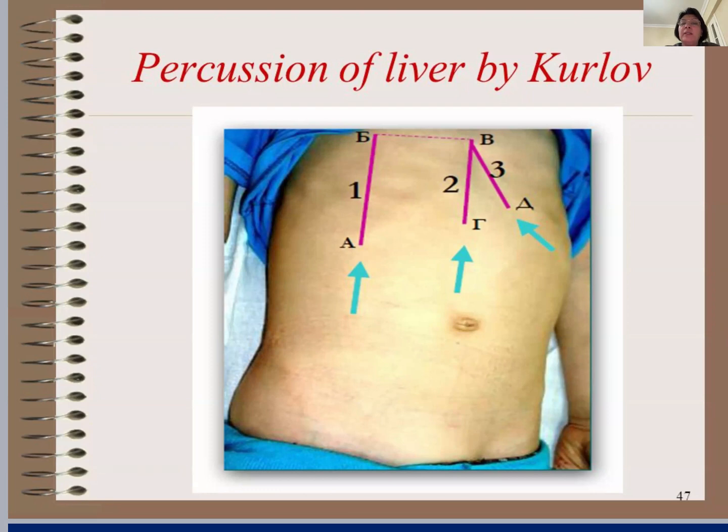We will percuss and assess three sizes by Kurlov: the first size by the midclavicular line, the second size by the midline, and the third size by the left rib arch.